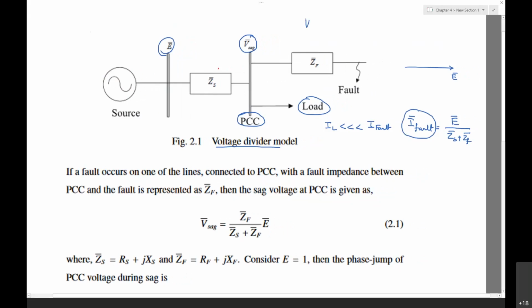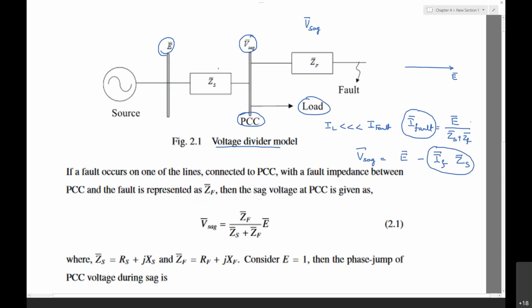The V bar sag voltage is equal to E bar minus I fault current into Z bar of S. You are subtracting the drop which will be there on the ZS, and then we can find out the V sag voltage.